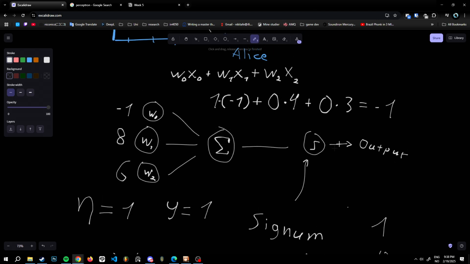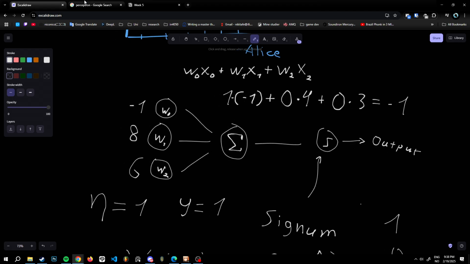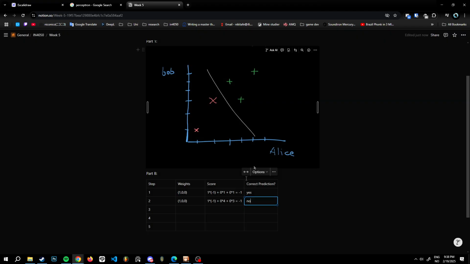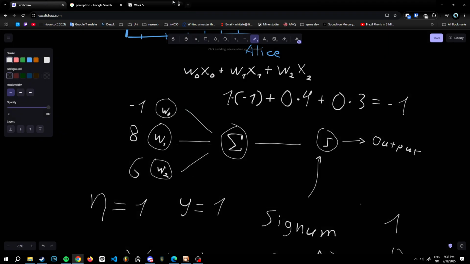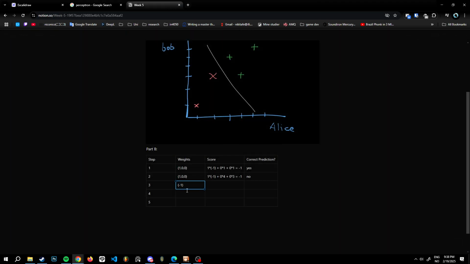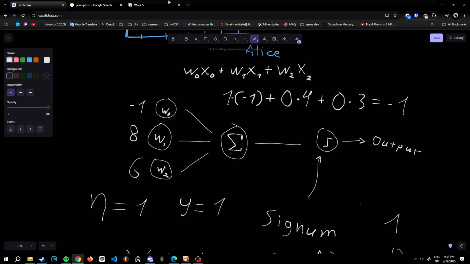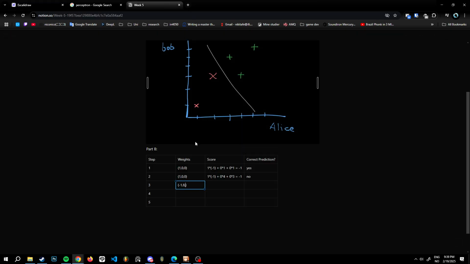And now we have the new weights for our output. So our next prediction, as you can see, our new weights for the new output will be -1. The other output will be 8. And then we will have 6, right?